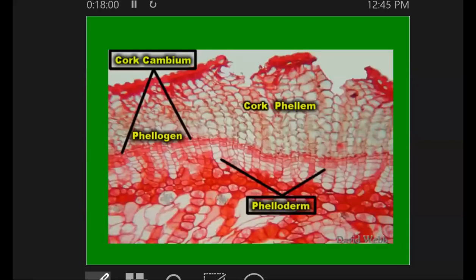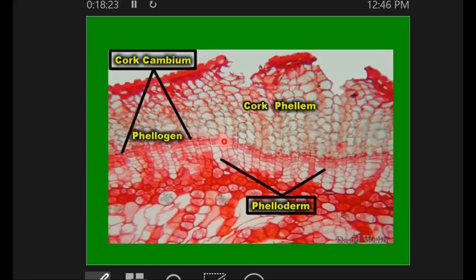And then this one's nicely labeled. So these are older terms, phellem, phelloderm. I don't care that you know those. They're older terms, they're outdated. Cork phellem, so cork cells.